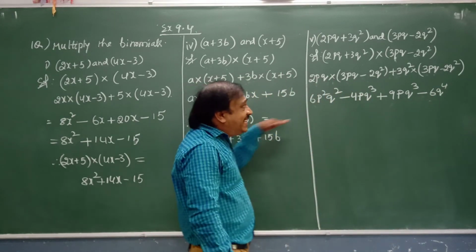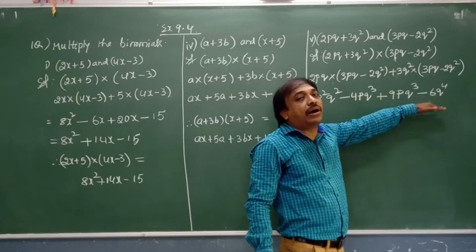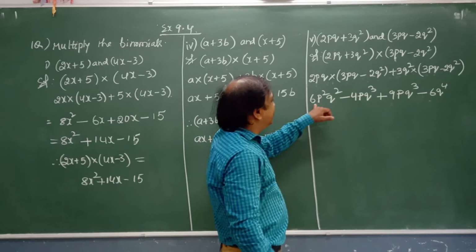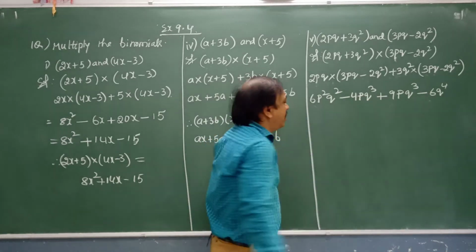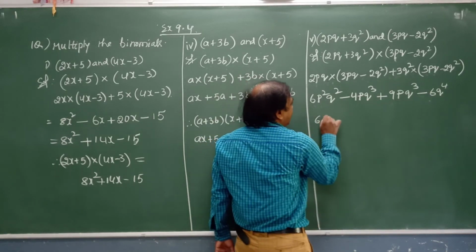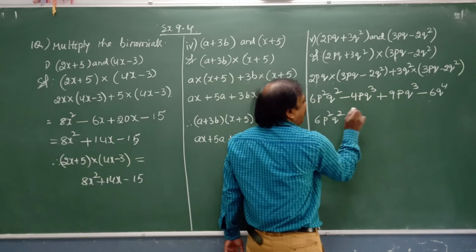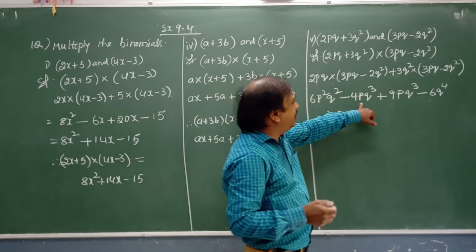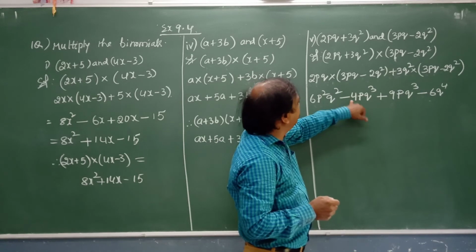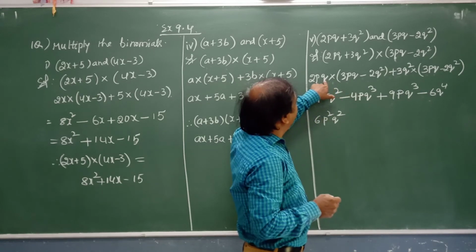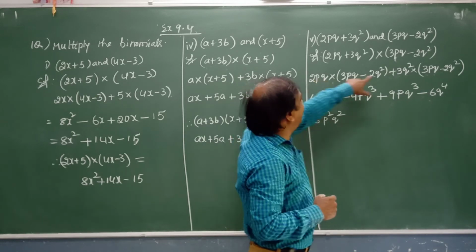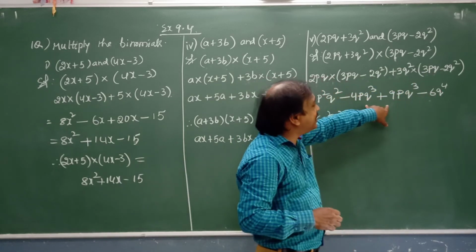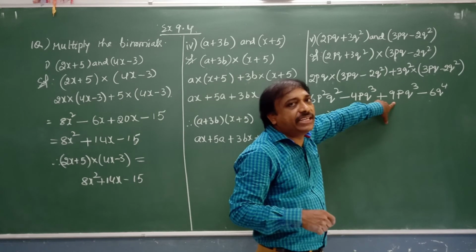Now you see, in this any like terms are there, you have to simplify. Is there any like term which is having squares? No. So first term will come as it is, 6p square q square. Minus 4 plus 9. Do we have any? Here you see, this is minus pq. When you multiply, here p and here q, these two are the like terms.